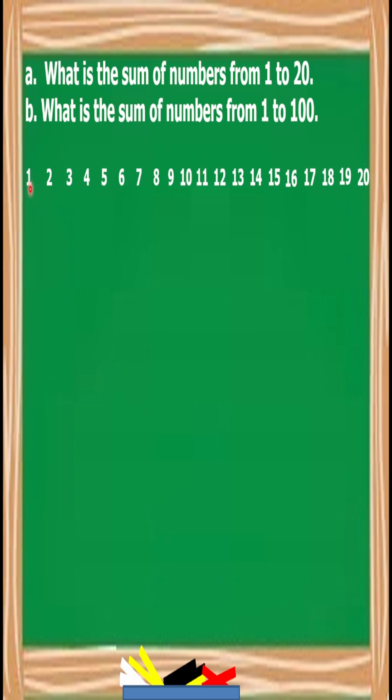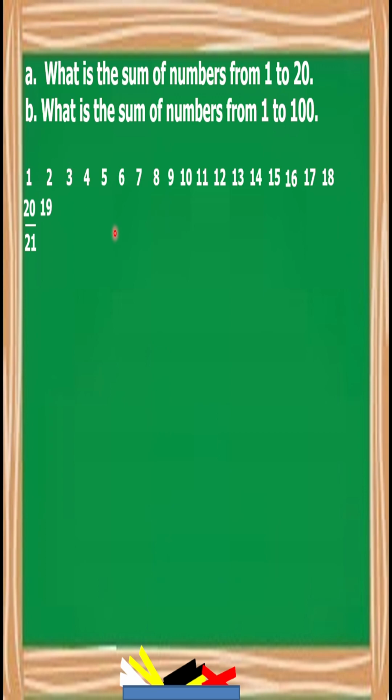The same thing, if we're going to add yung first number at saka yung last number, let me just transpose it here. 1 plus 20 will give us 21. The same process for the second number and the second to the last number, that will be 2 plus 19, that is also 21.